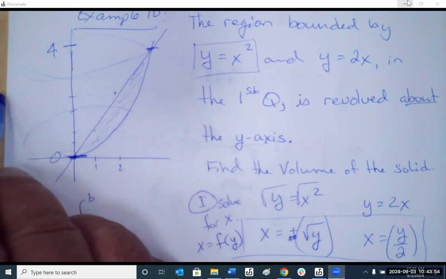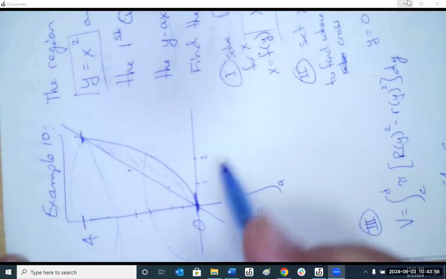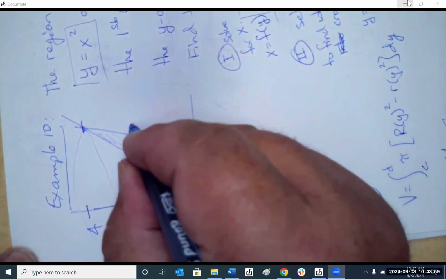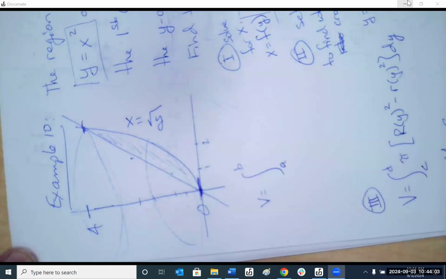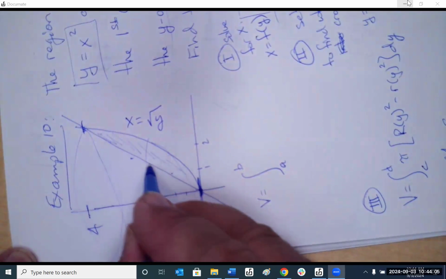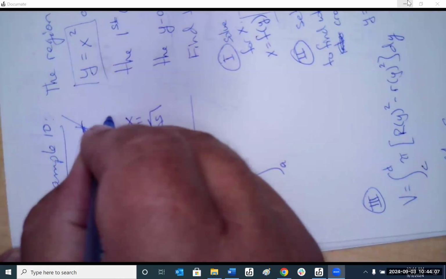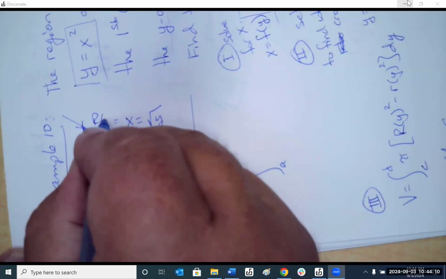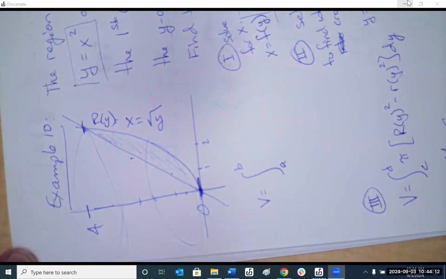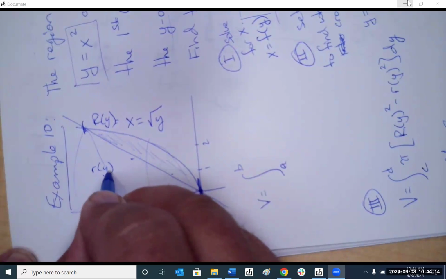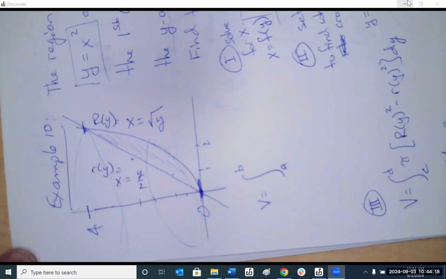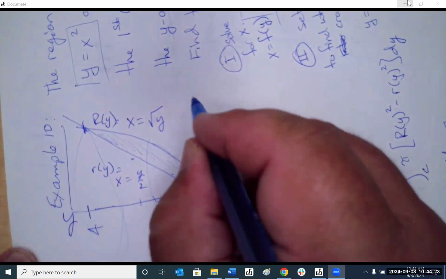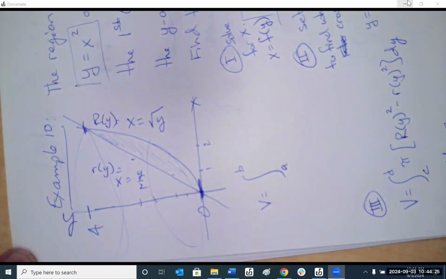But since we're rotating around the y-axis, this is the outer one. So it's x equals the square root of y. And the inner one is x equals y over 2, the linear equation, because we're rotating about the y-axis, not the x-axis this time.